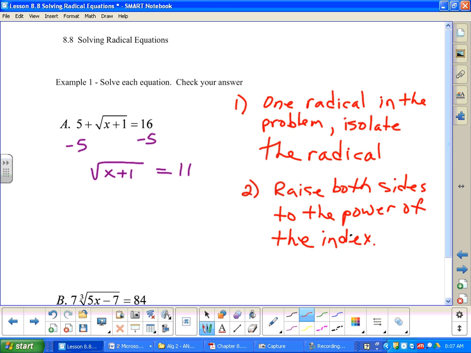So what's the index here then? 2. So that means I'm going to square both sides. So we have x plus 1 equals 121. And subtract 1 from both sides, so x equals 120.